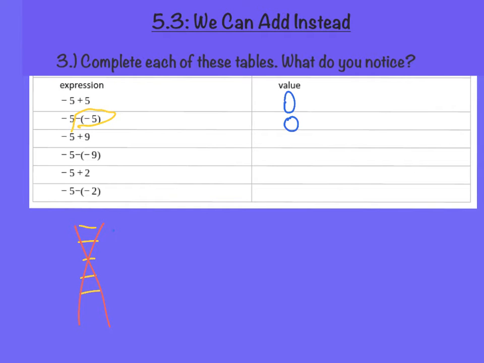Negative 5 plus 9. So if I've got 5 negatives, 1, 2, 3, 4, 5 negatives, and I've got 9 positives. 1, 2, 3, 4, 5, 6, 7, 8, 9. 1, 2, 3, 4, 5 are going to cancel.